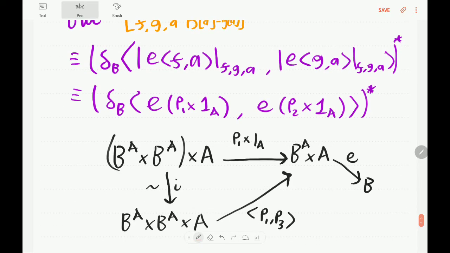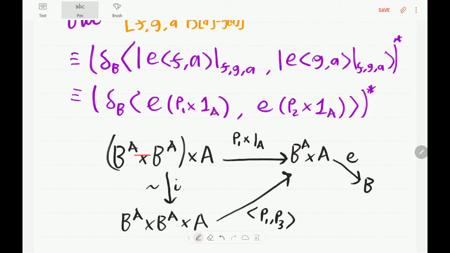So in order to get the f a to do the E on it, when we're interpreting, we can think, well, I just do the product of P1 times identity of A, and that obviously selects the first B to the A and the A, and then we do the evaluation after that.